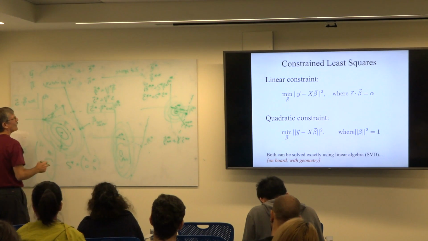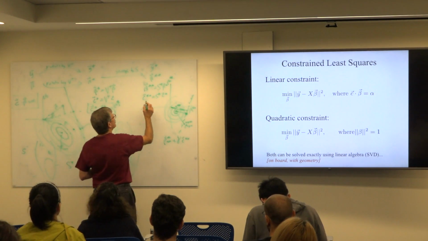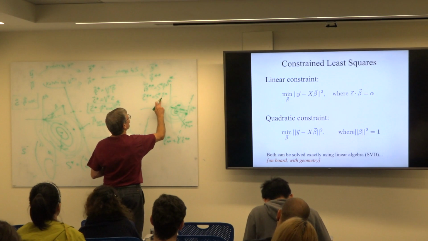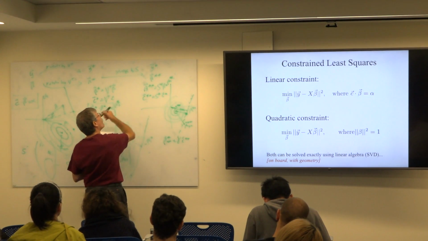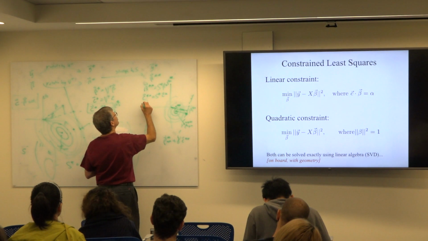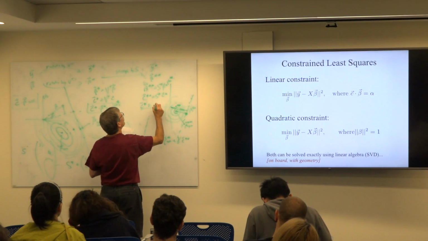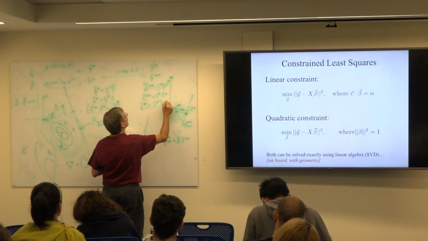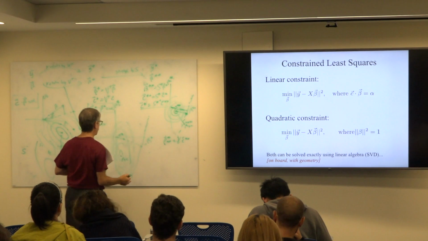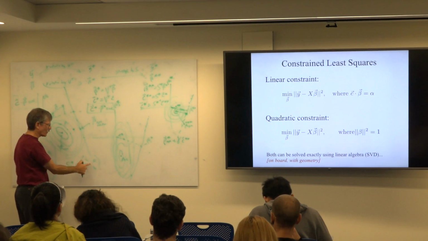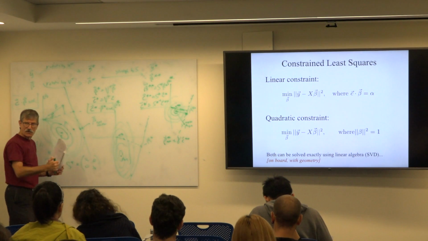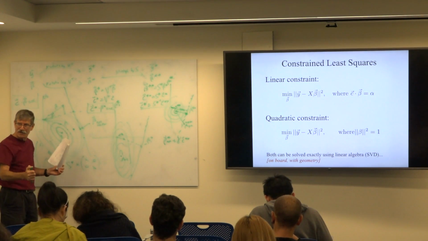So C star star is S star C star, which means that if I want to go backwards, C star is S star inverse C double star. This little silly matrix, this one is invertible. It's just 1 over S1, 1 over S2. So where you used to stretch, now you squeeze. Where you used to squeeze, you now stretch.